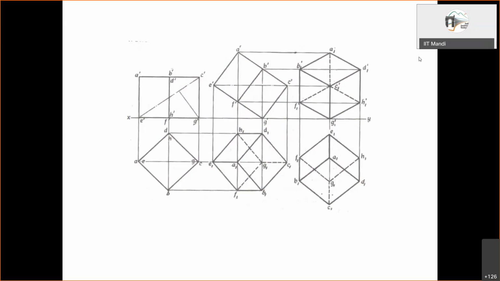Let me move this to the side. So now let us first have a look at what exactly has been done in this drawing, and then we'll move further.